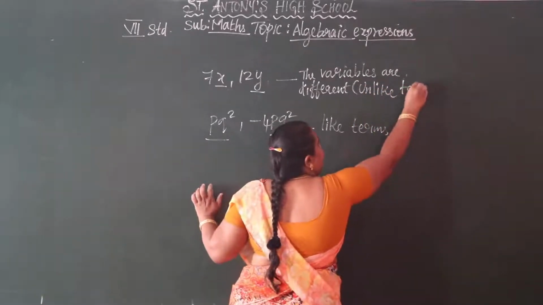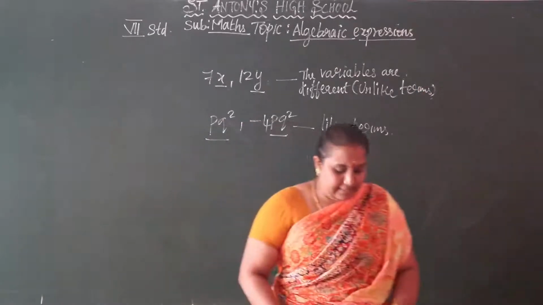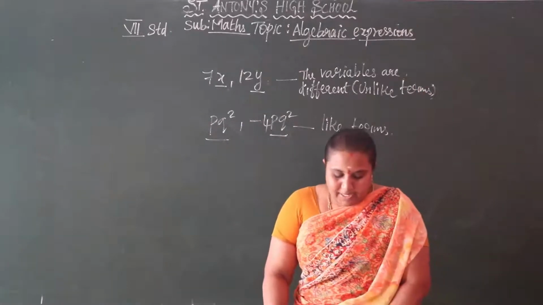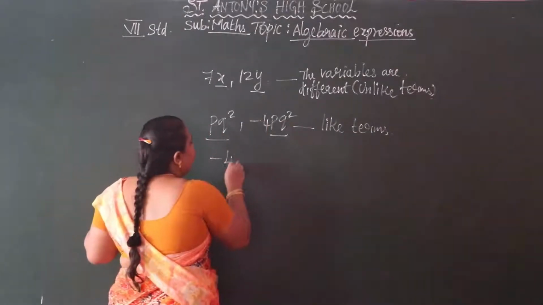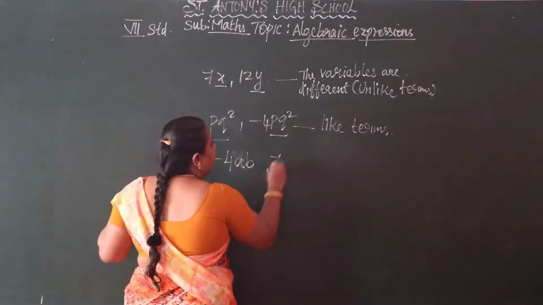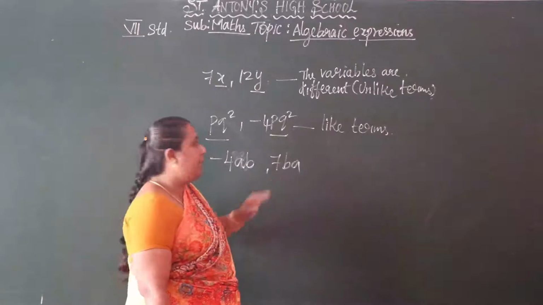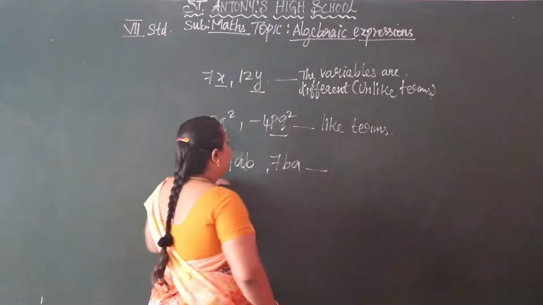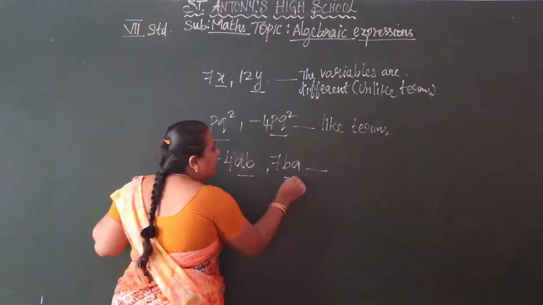Let us see one more example here: minus 4ab and 7ba. Here we have to see the variables ab and ba.